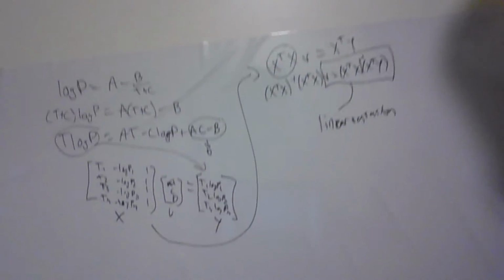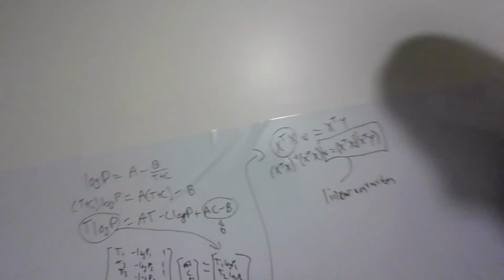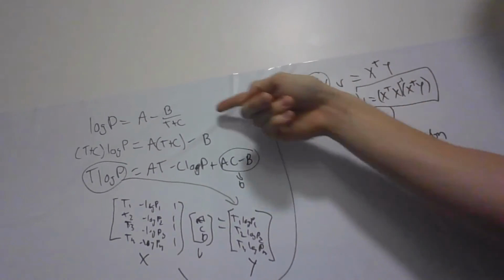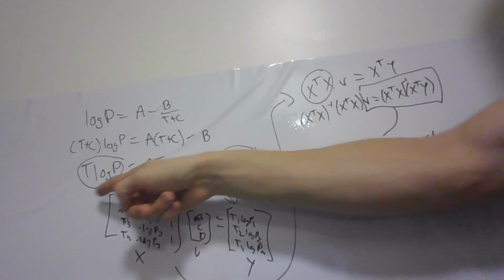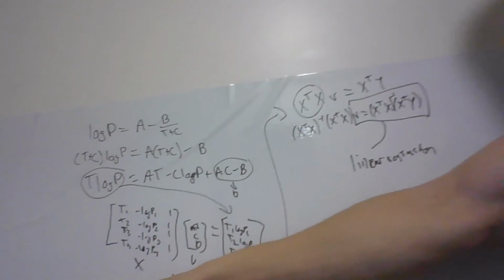So let's get a close up here. We have the equation here. Shimmy it down to this over here. Put it into matrices down here.